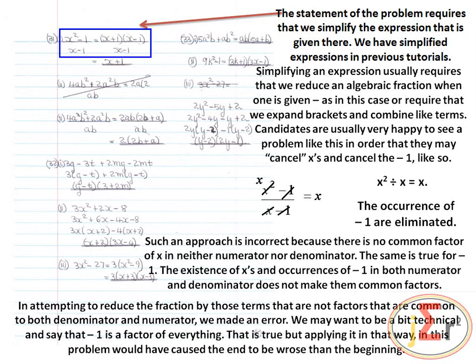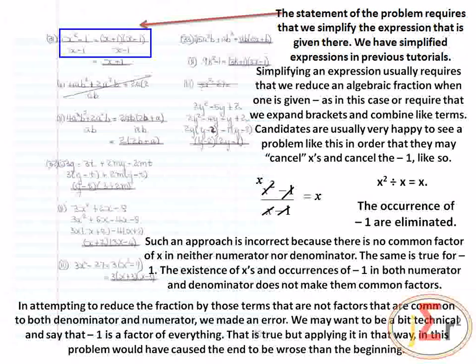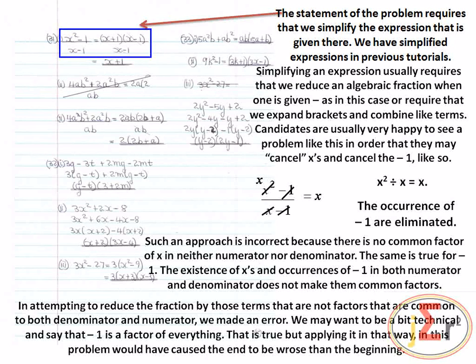We may want to be a bit technical and say that negative 1 is a factor of everything, which is true. But applying it in that way in this problem would have caused the end to be worse than the beginning. So we cannot divide through by a negative 1 in that fashion. Of course we can divide through by a negative 1, but not in that fashion.